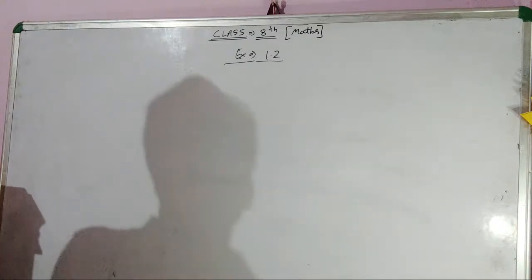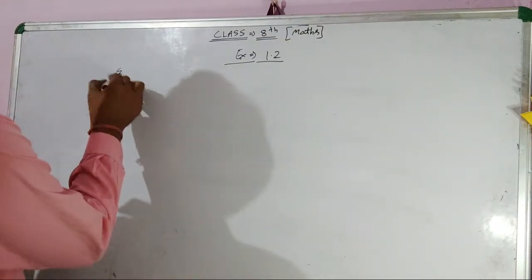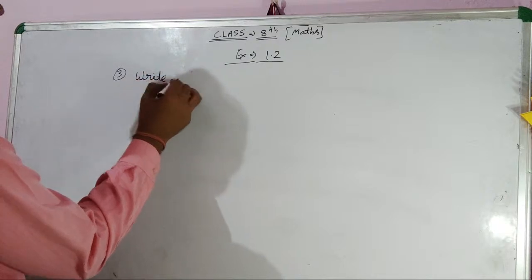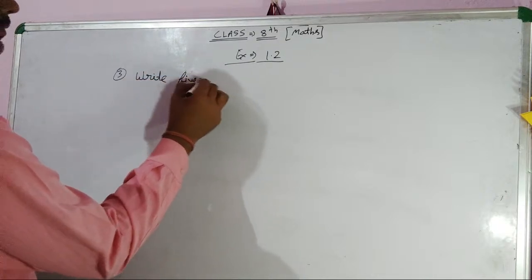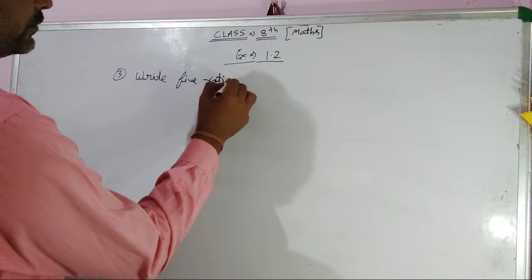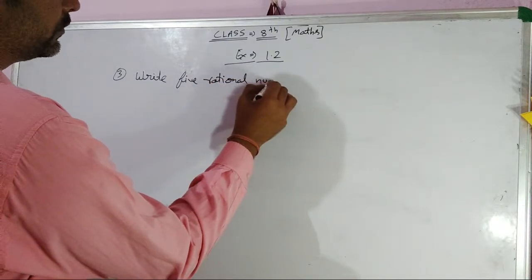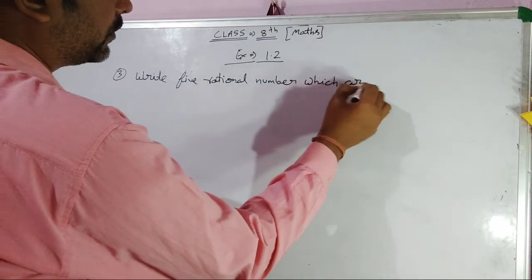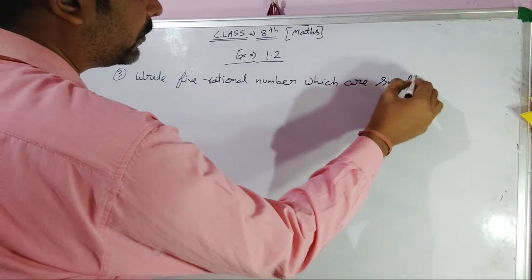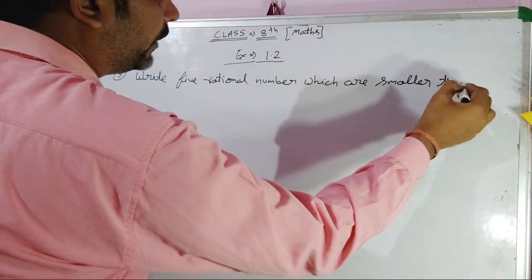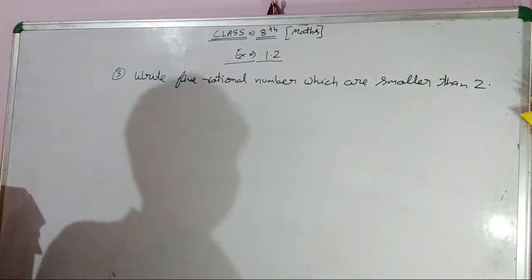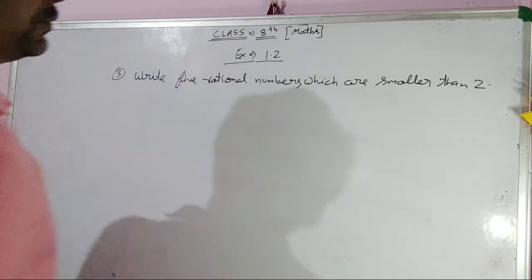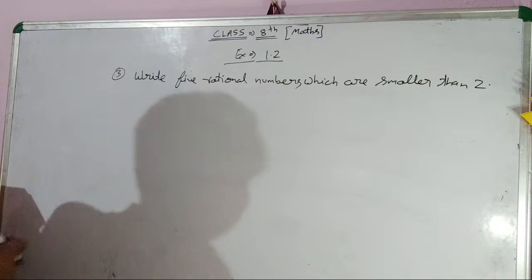Now, question number 3: we have to write 5 rational numbers which are smaller than 2.